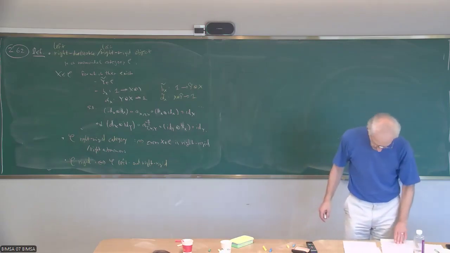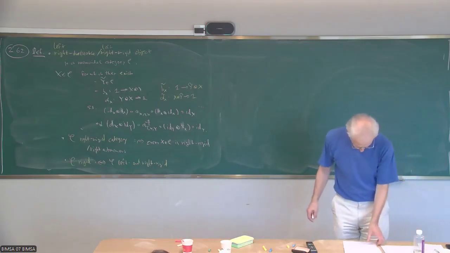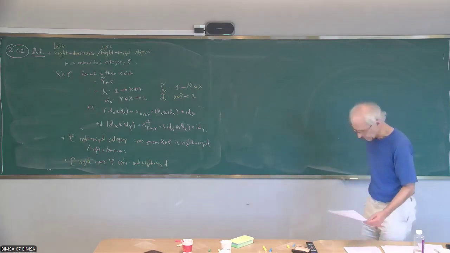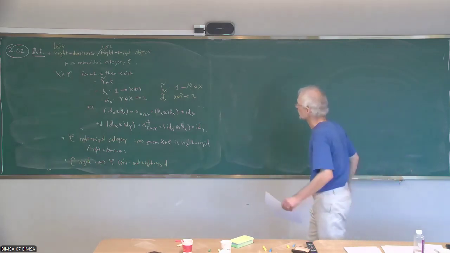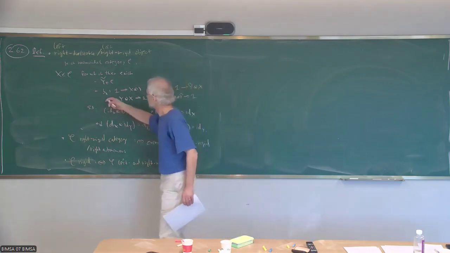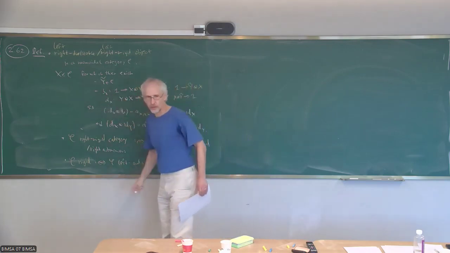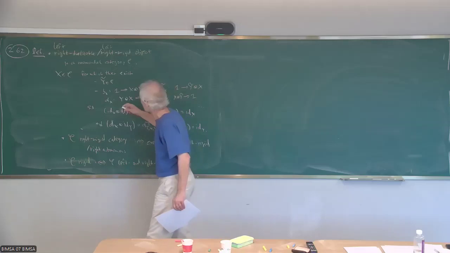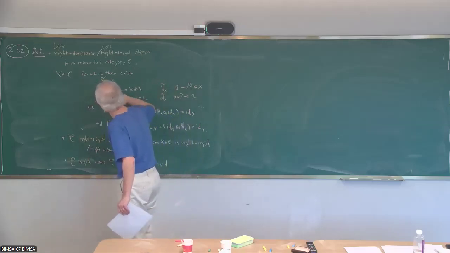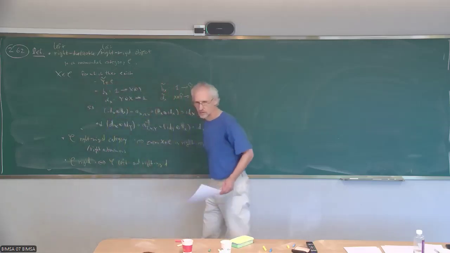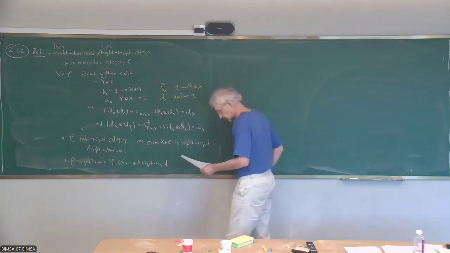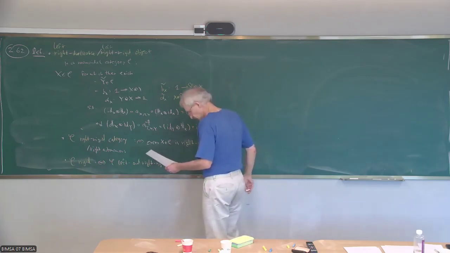And just like in the vector space case, we call them co-evaluation and evaluation. And in my notation, I call them right and left co-evaluations and evaluations.